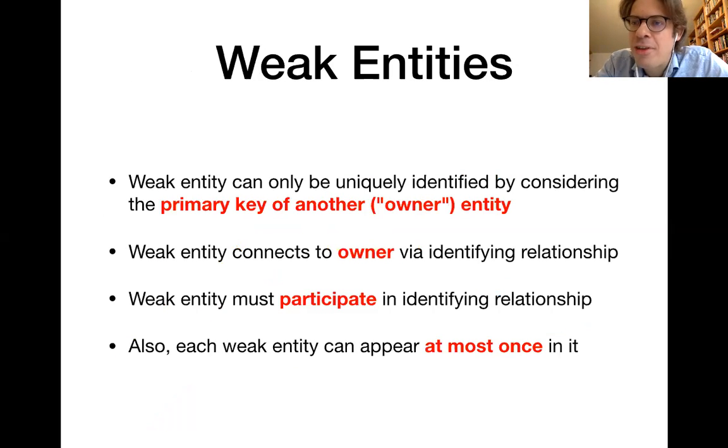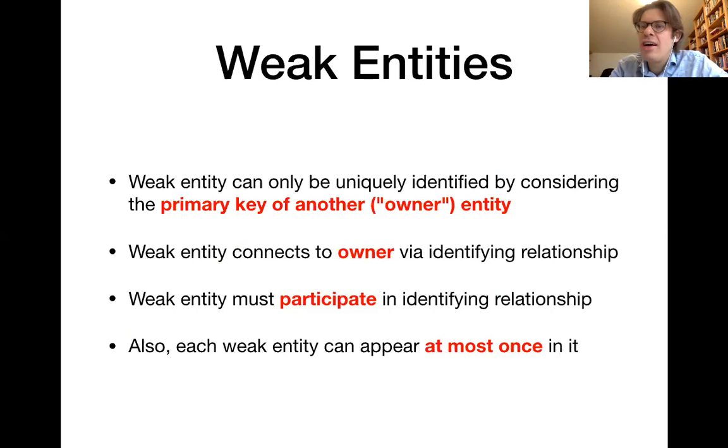Now, another commonly used feature in the context of entity relationship diagrams is weak entities. A weak entity is generally an entity that cannot really stand all by itself. It's always dependent on another entity, and we call that other entity the owner entity. More precisely, the weak entity will have some partial key, which only becomes unique if you combine it with the primary key of the owning entity.